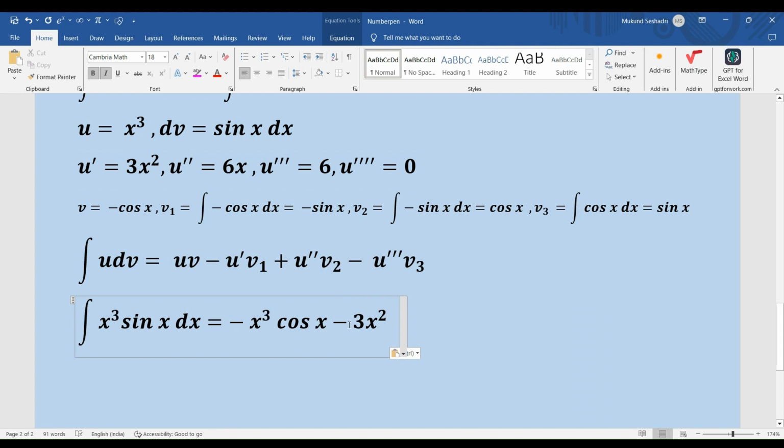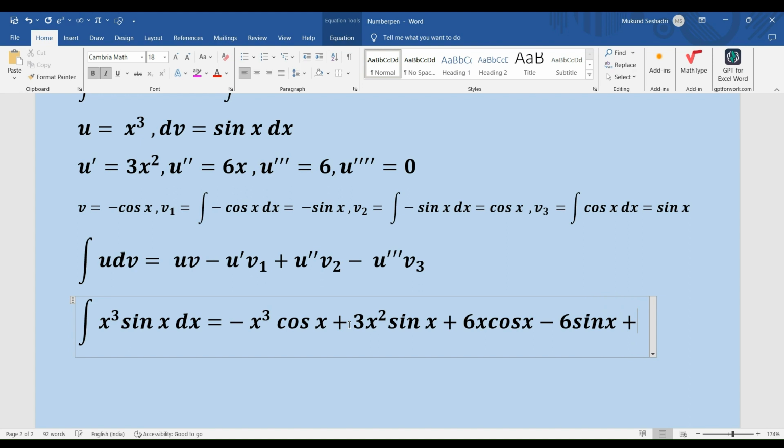So I will have this as a plus here, and then I get a 3x square times sine x, right? Then I have a plus u double dashed into v2. My u double dashed is 6x, and my v2 is cos x, right? And then I have a minus of u triple dashed, which is a 6, right? Into v3, which is a sine x, right?